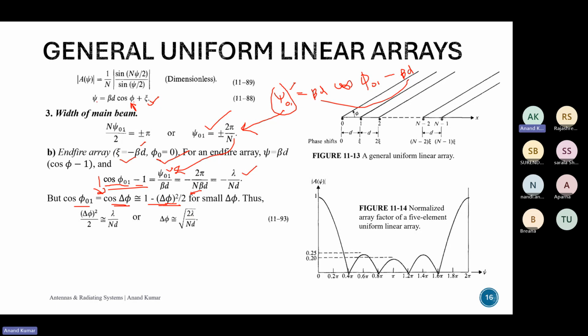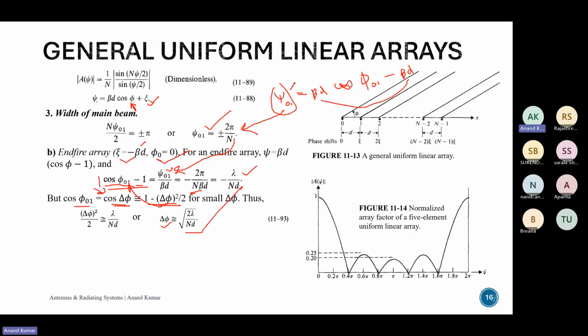Substituting this back, the 1 and 1 cancel, and we end up with minus delta phi squared by 2 equals minus lambda by n d, which implies delta phi squared by 2 equals lambda by n d, or delta phi equals the square root of 2 lambda by n d.